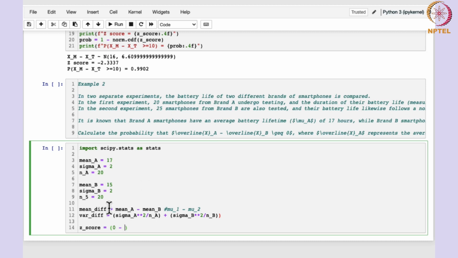Here this mean difference would be there, and you would divide it by the standard error, right? So here maybe either you apply the square root over here, when you're writing the variance, as we have done earlier, or you can just simply use the square root function at this point.